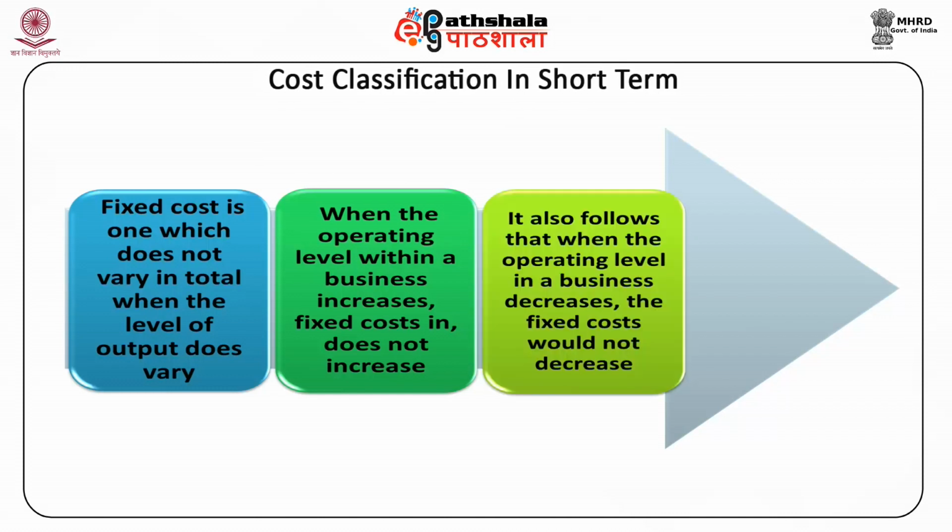It also follows that when the operating level in a business decreases, the fixed costs would not decrease. An example of a fixed cost for a business making a product, such as a bakery, would be any costs associated with the rent or ownership of premises, insurance, and costs associated with the ownership of equipment.